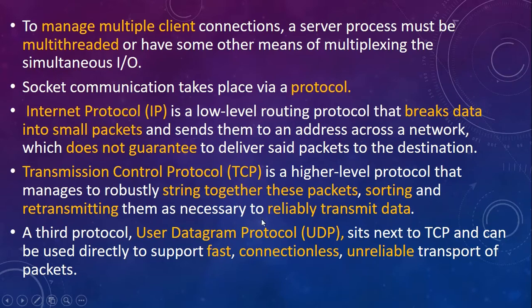So in networking in Java, we are going to see in this full chapter how data can be transmitted from a client to server, and from server to client, two-way communication. While doing this communication, we will either take the help of TCP or the help of UDP, right?